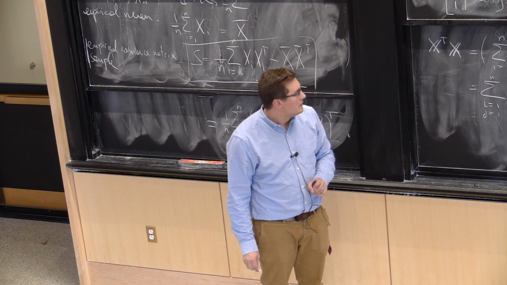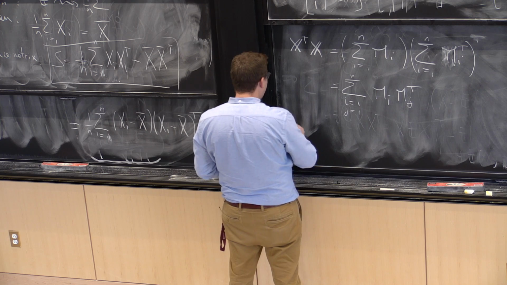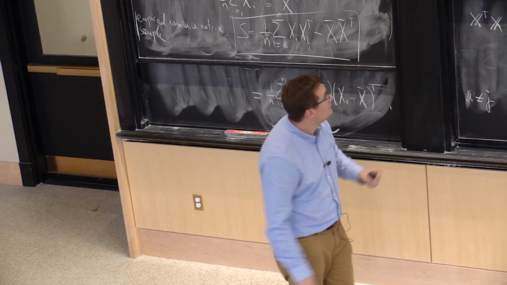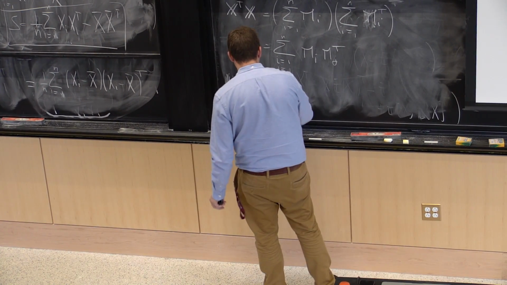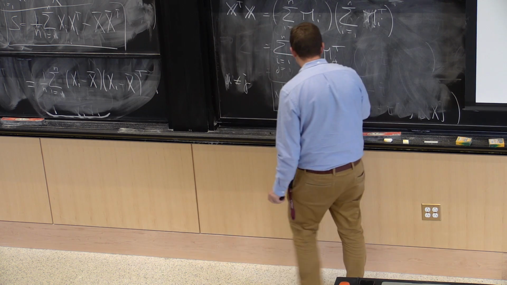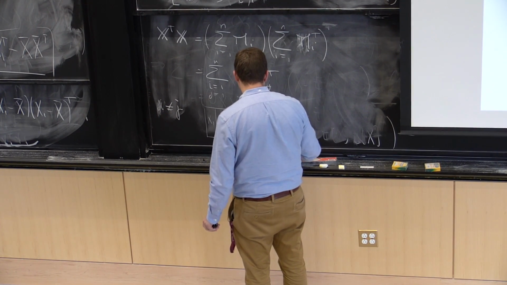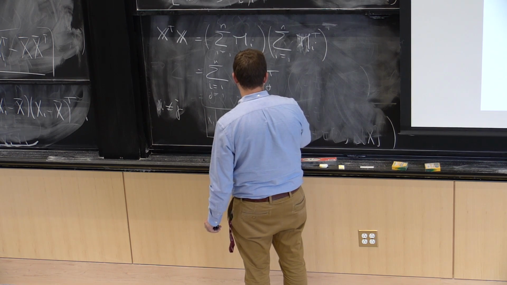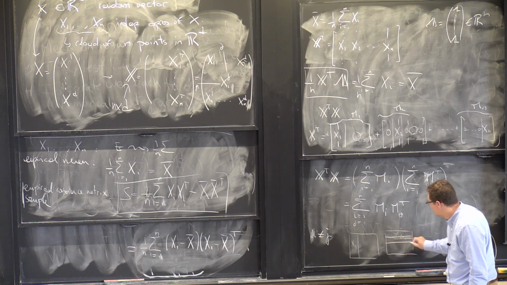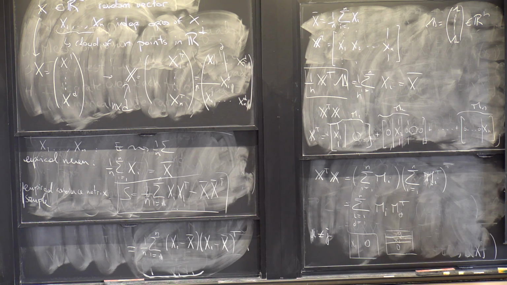And now what we want to notice is, if i is different from j, what's happening? Let's look at, say, m1 times m2 transpose. So what is the product between those two matrices?